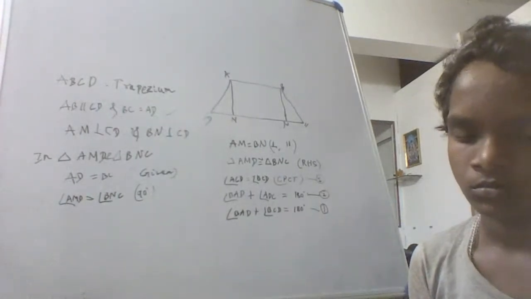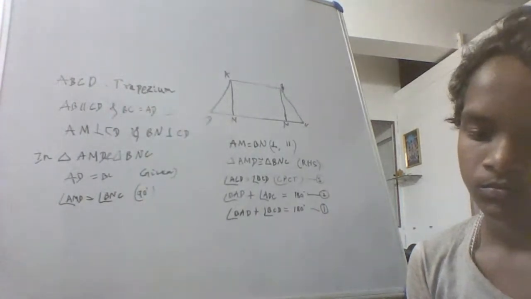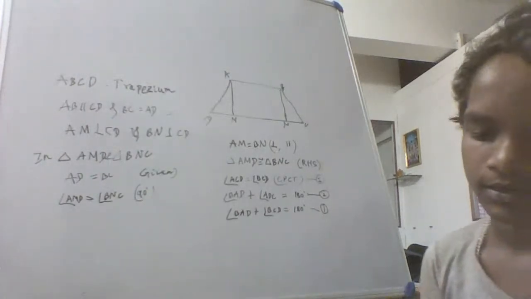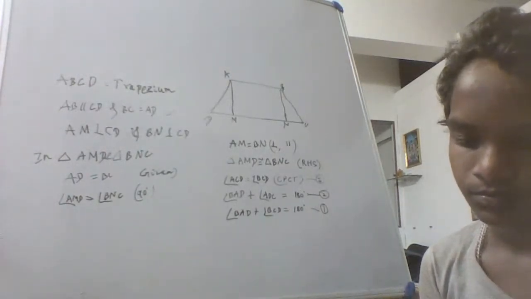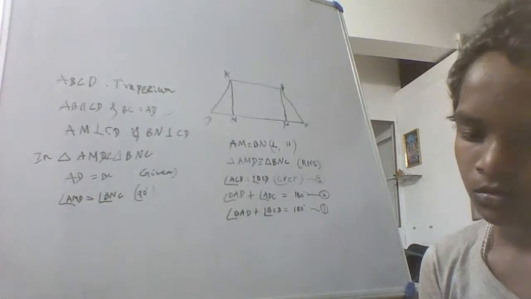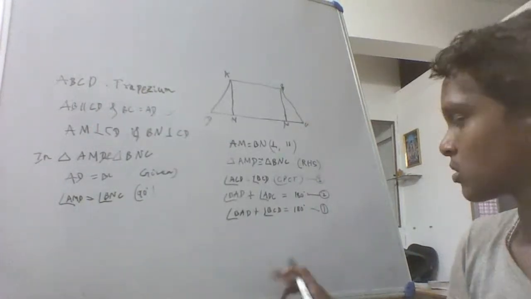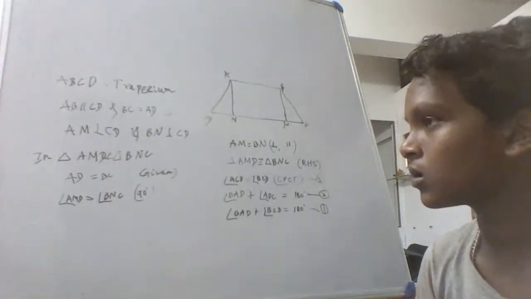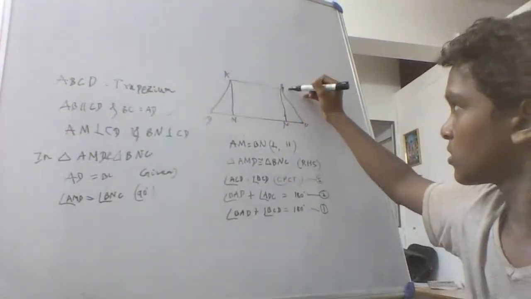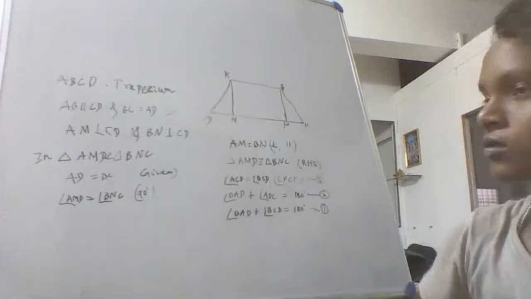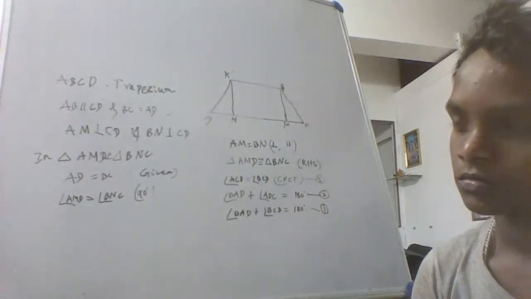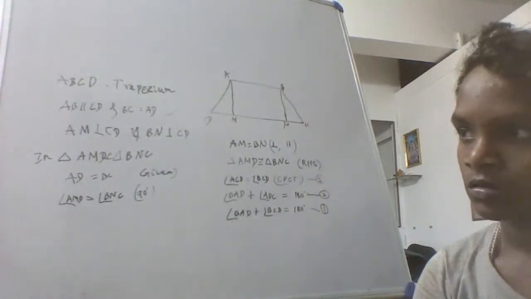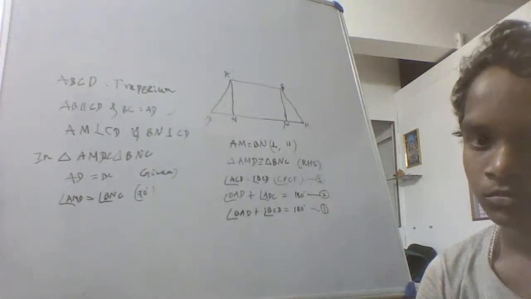Therefore, the opposite angles are supplementary. Therefore, we have ABCD is a cyclic quadrilateral. Hence, we have shown that ABCD is a cyclic quadrilateral. Hence, we are done. I hope you understood this.